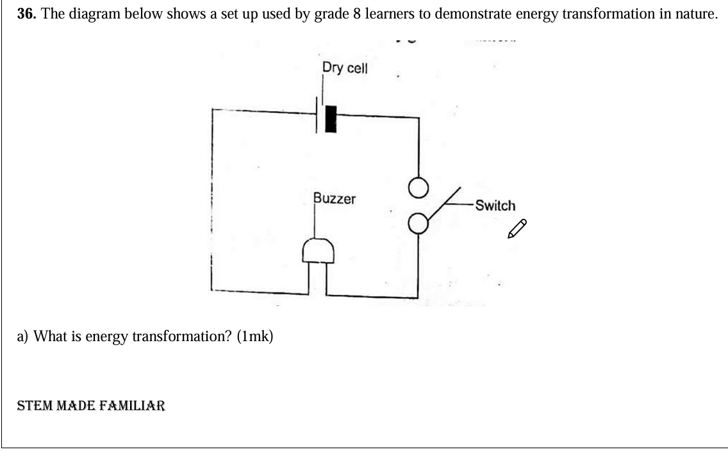We continue to number 36. The diagram below shows a setup used by grade 8 learners to demonstrate energy transformation in nature. What is energy transformation? Energy transformation refers to how energy is converted from one form to another. So it is the change of energy from one form to another.